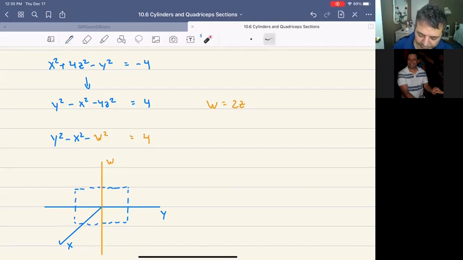So we're going to pretend x is 0. Sorry, give me just a second. So we're going to be rotating it around the y-axis because that's the one that's not symmetric.